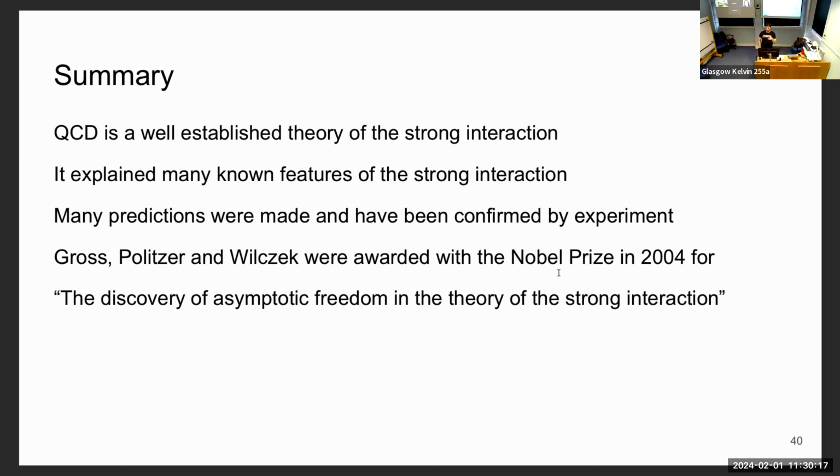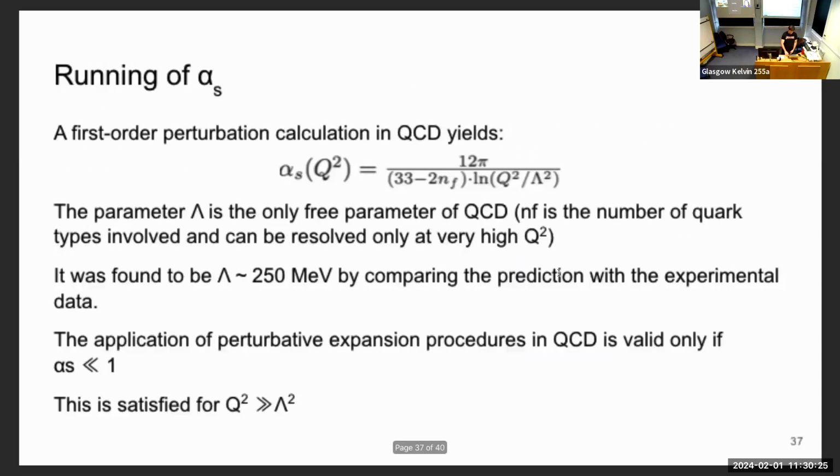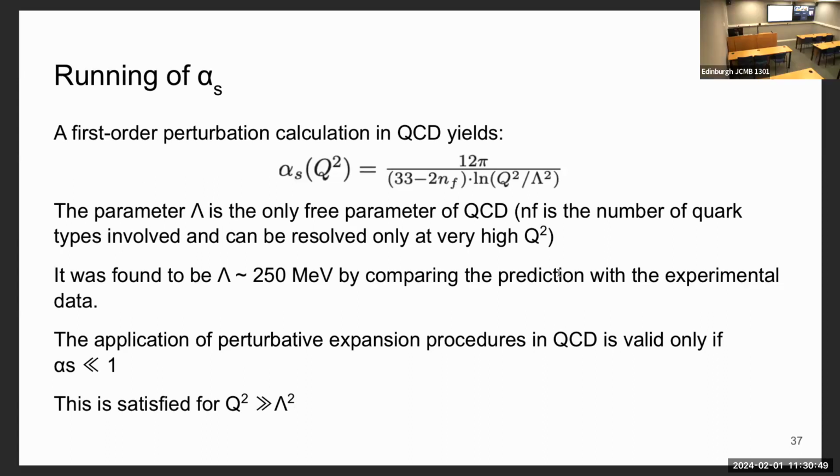Gary, do you want to ask it? Yes, I was just wondering, you mentioned on slide 37 that the Lambda QCD parameter is found experimentally to be about 250 MeV. Do you know how they arrived at that? Was it measurements of alpha S and then plugging it into this formula that they were then able to deduce a value of lambda?